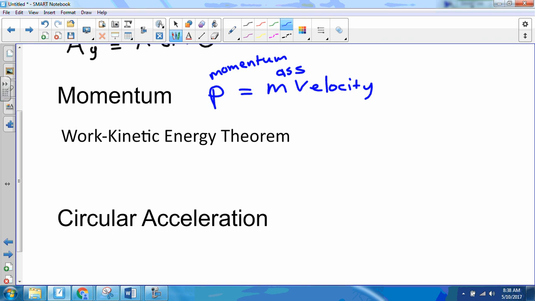Momentum is equal to mass times velocity. Mass. Okay.